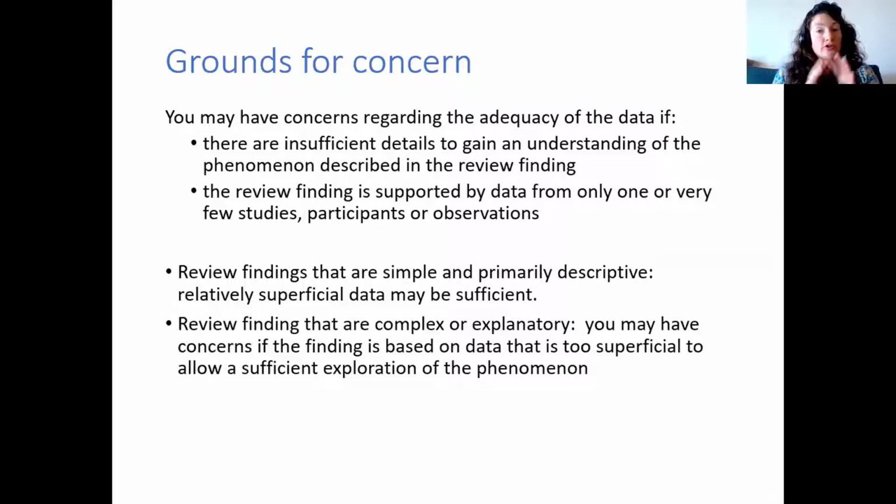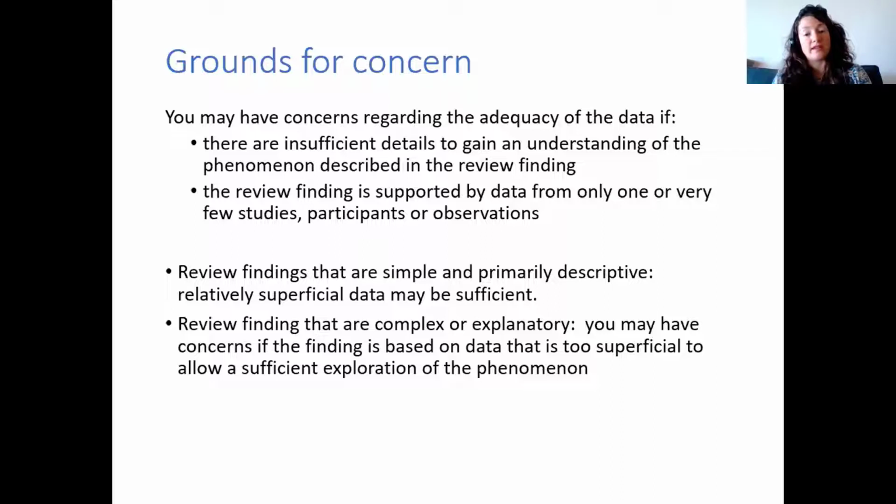Your grounds for concern around adequacy may be if there's insufficient detail to gain an understanding of the phenomenon described in the review finding, or if the review finding is supported by data from only one or very few studies, participants, or observations. But you're thinking of that always in relation to the review findings. So for review findings that are simpler or primarily descriptive, you may be very satisfied with relatively superficial data.